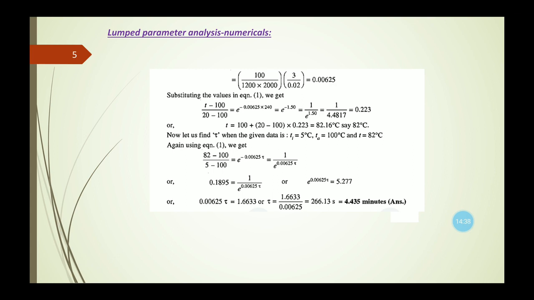So using the concept of the lumped parameter analysis, which is also given in the question, based on the equations of the Biot number, Fourier number and the lumped parameter analysis, we have calculated the necessary things in this question.